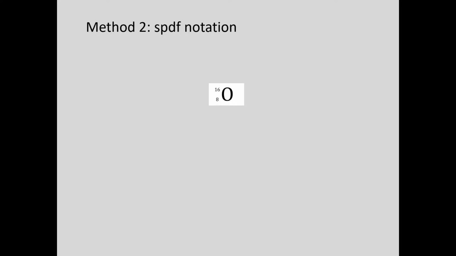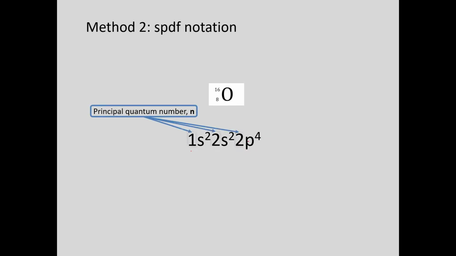Another, which is the most common notation yang kita akan tulis nak bagi tahu oksigen tu elektron dia macam mana, is like this. So we have 1s. So cara nak baca dia bukannya 1s kuasa 2, 2s kuasa 2, 2p kuasa 4. No. It is how we baca dia is 1s2, 2s2 and 2p4. Okay.